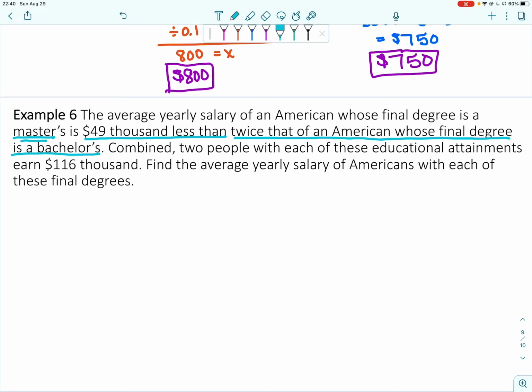So a person with a master's degree, their salary is based on whatever the person with the bachelor's degree makes. Because you take twice what a person with a bachelor's degree makes, and a person with a master's makes $49,000 less than that.